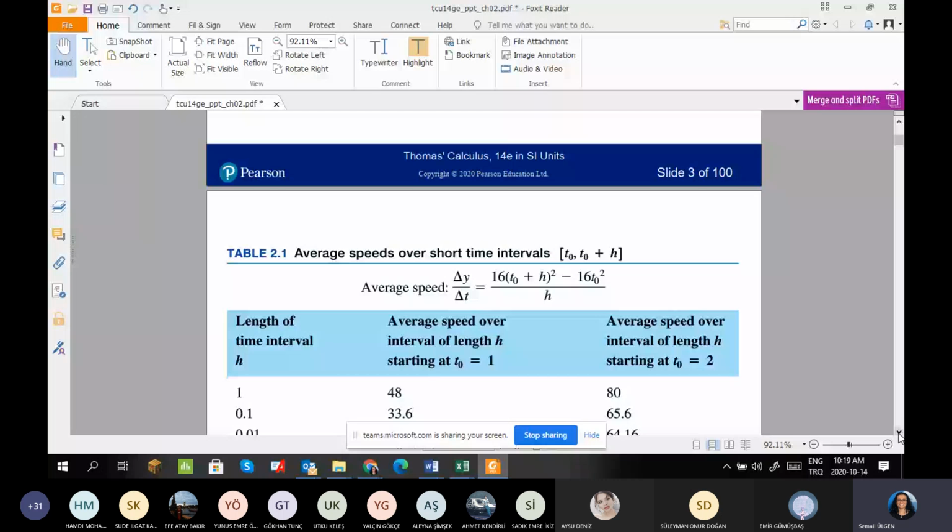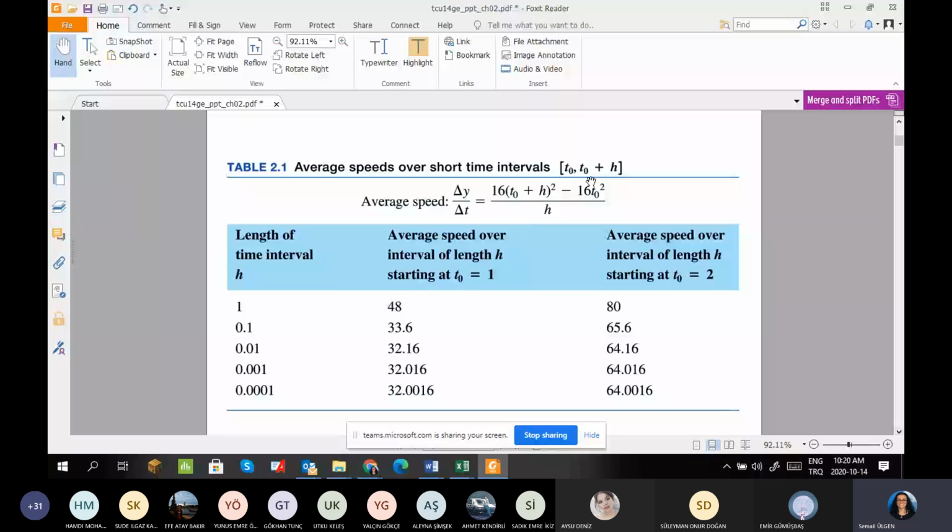But if you know the distance function and the times that are given, then we can get a close value to the instantaneous velocity, which means the velocity at that certain time. We can find it out. Therefore, this average velocity, average speed definition is very important.